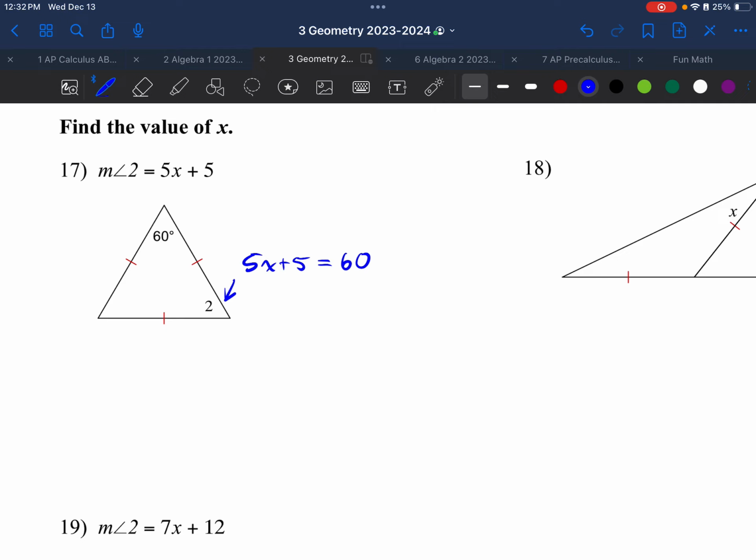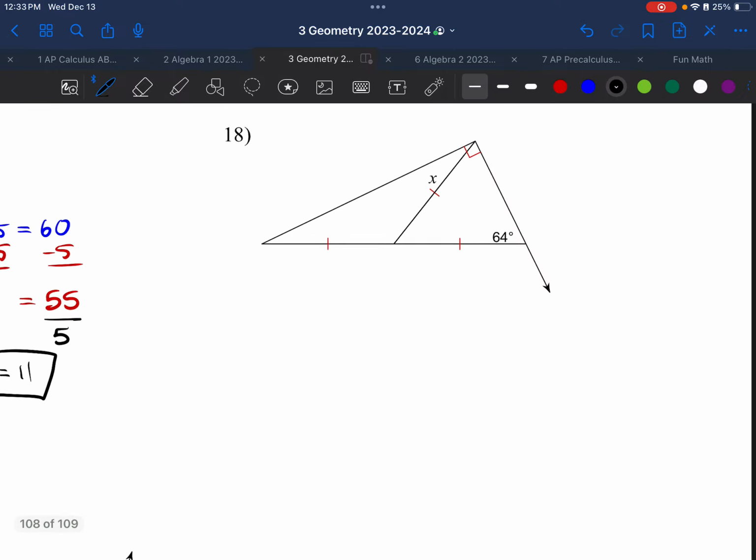That's one of the definitions of an equilateral triangle that we might have brushed over in the notes, but you're definitely learning it now. From here, we subtract 5, and we get 5x is equal to 55. Then we divide by 5, and x is equal to 11. Final answer, box it.